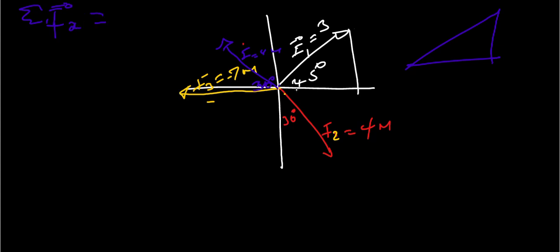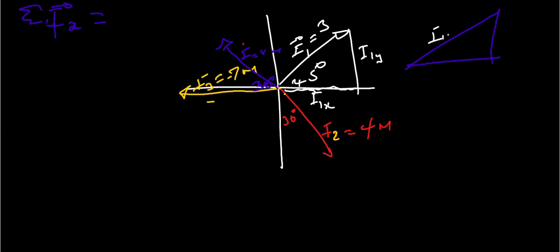We want F1x for this force here, down here, and then we need an F1y for this force acting on the horizontal surface. Remember, this is a vertical surface and this is the horizontal surface. So we'll be looking for horizontal and vertical components.